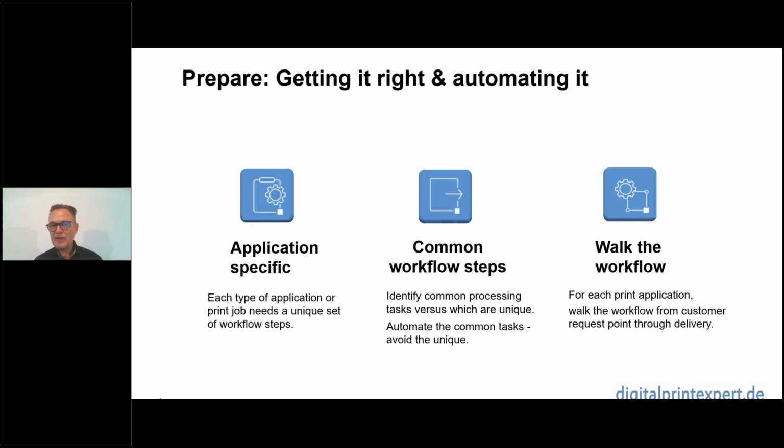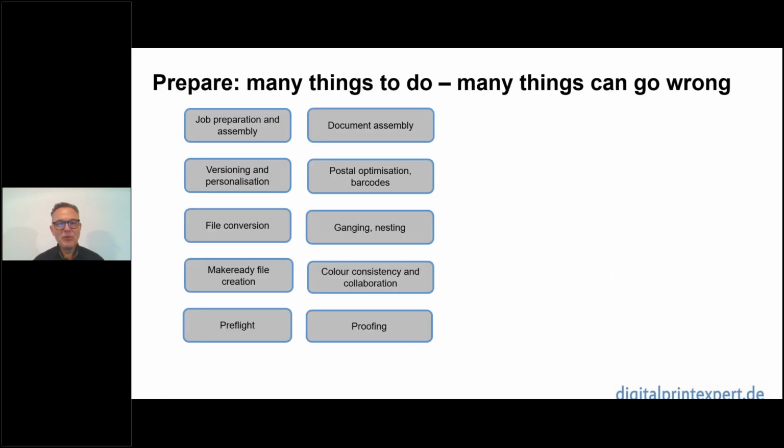And when automating a workflow system, it's also important to walk the workflow for each print application, see how the different steps are interdependent, and also talk to the stakeholders involved. On the next slide, we're seeing how many different steps there could be in something like the file preparation for a print job. Obviously there are complicated steps. If you're doing versioning and personalization, you certainly want to use software and automation.